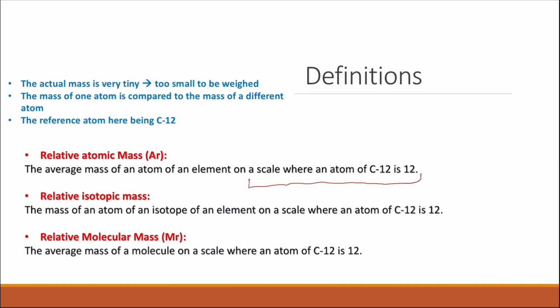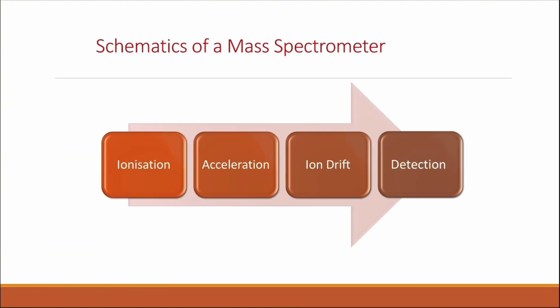So relative atomic mass is the average mass of an atom of an element on a scale where an atom of carbon-12 is 12. And relative molecular mass or relative formula mass is the average mass of all of the atoms in the formula on a scale where an atom of carbon-12 is 12.